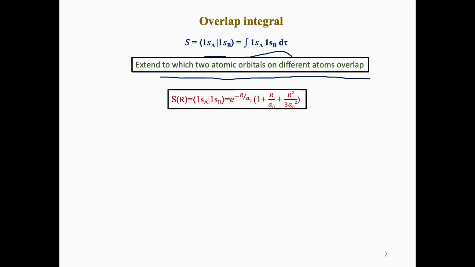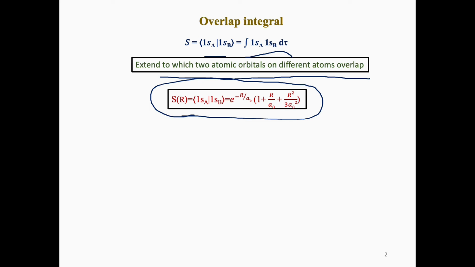The detailed version of this overlap integral is S(R) equals ⟨1sa|1sb⟩ equals e to the power minus r by a0 into (1 plus r by a0 plus r square by 3 a0 square), where r is the distance between the two orbitals.